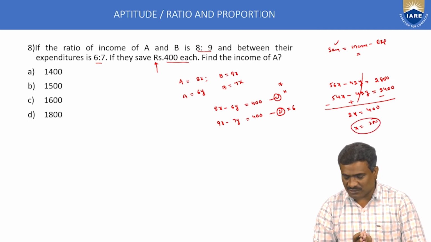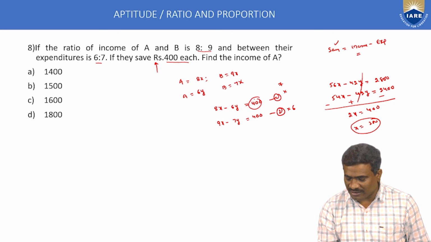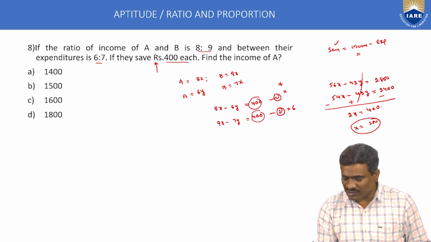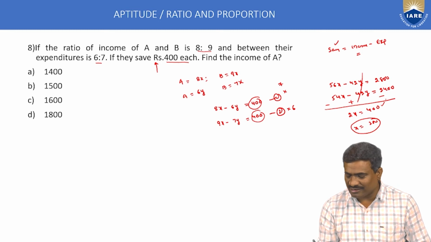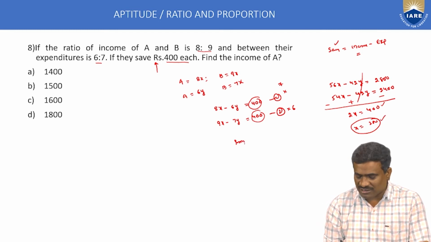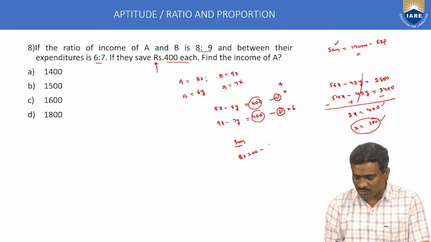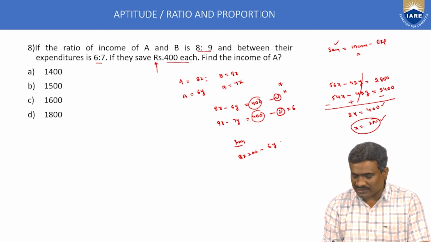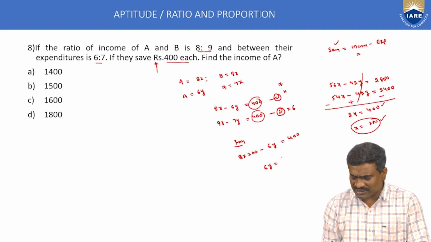From the first equation, x is equal to 200, so 8 into 200 minus 6y is equal to 400. Then 6y is equal to 1600 minus 400, that is 1200. So y is again equal to 200.